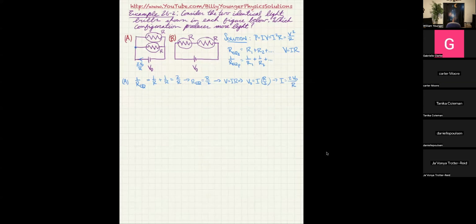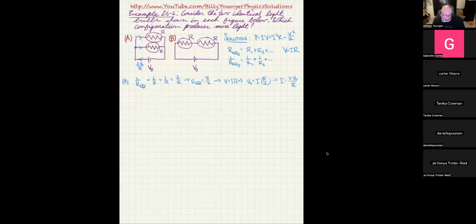Then, of course, when this gets to this junction right here, the current has a choice. It can go to the right or it can keep going straight. These two resistances are identical, so there's no reason for one to have more than the other, so they're both going to be equal. That means each one gets half as much current.